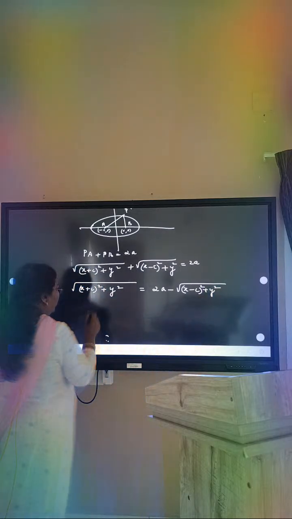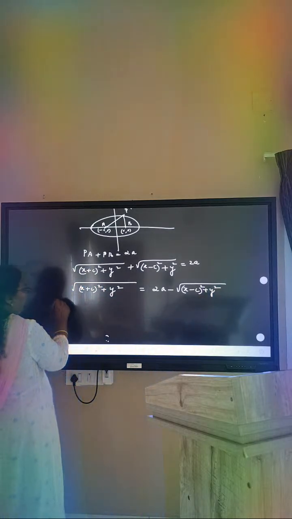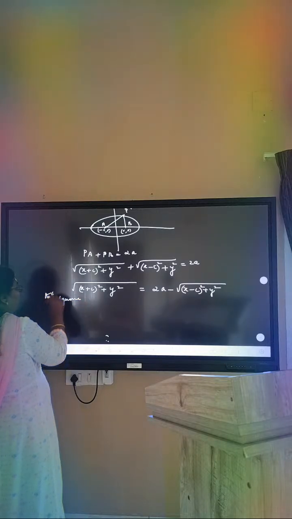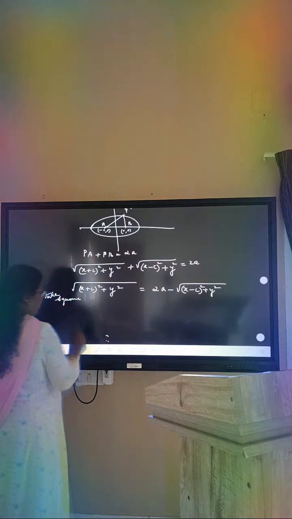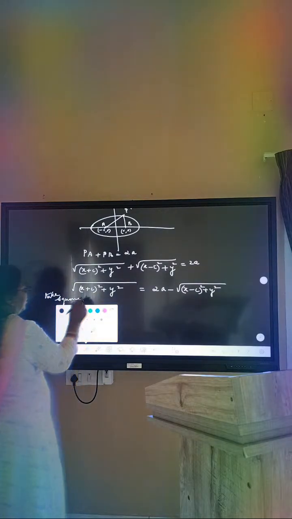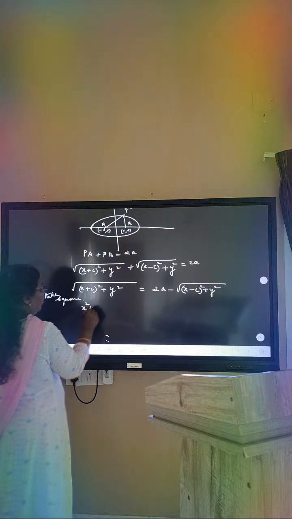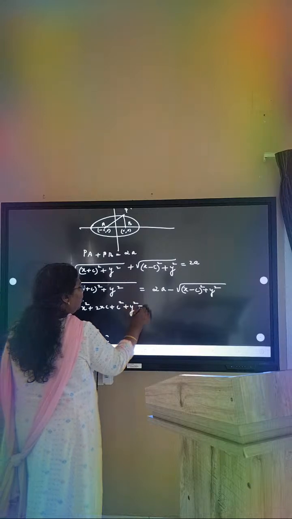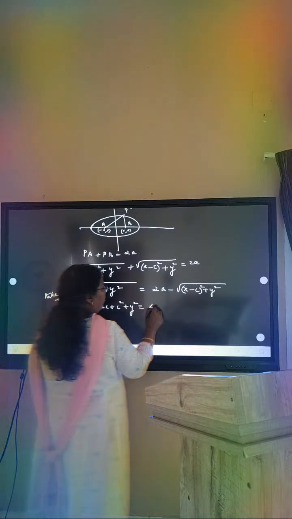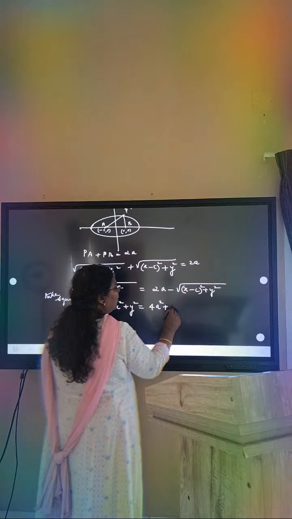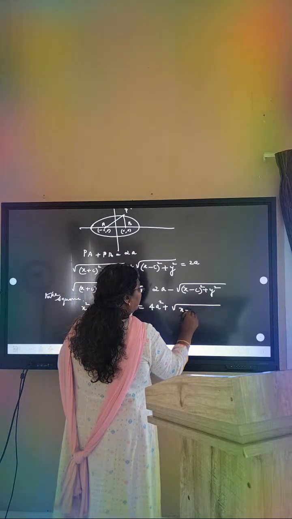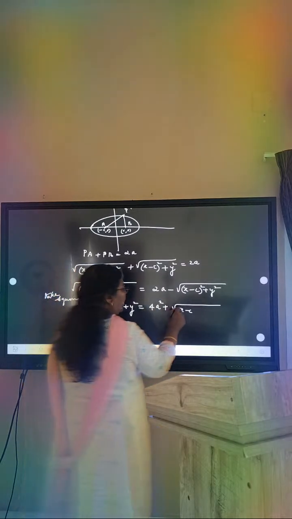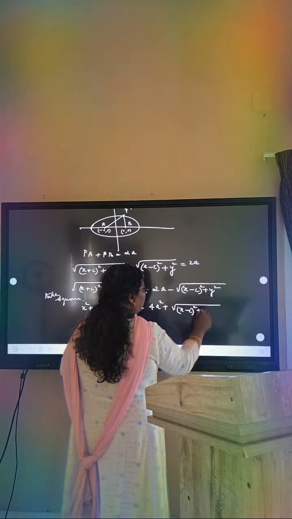And again we can take the square on both sides. When you take the square, you get x square plus 2xc plus c square plus y square is equal to 4a square plus (x minus c) the whole square plus y square.